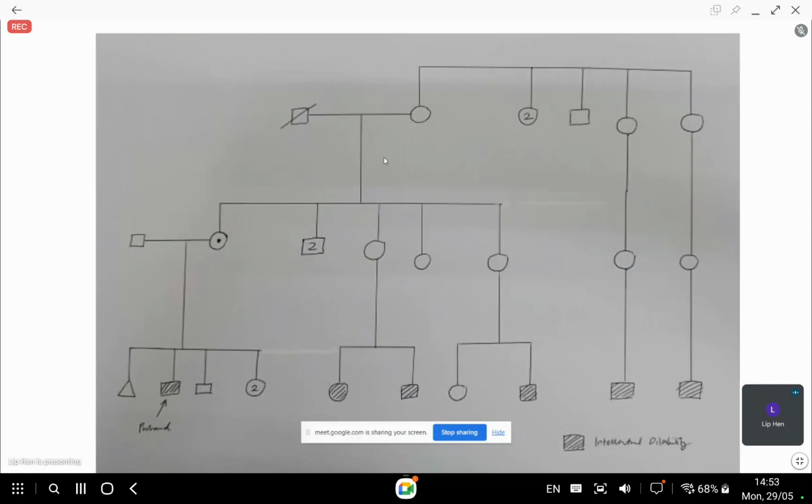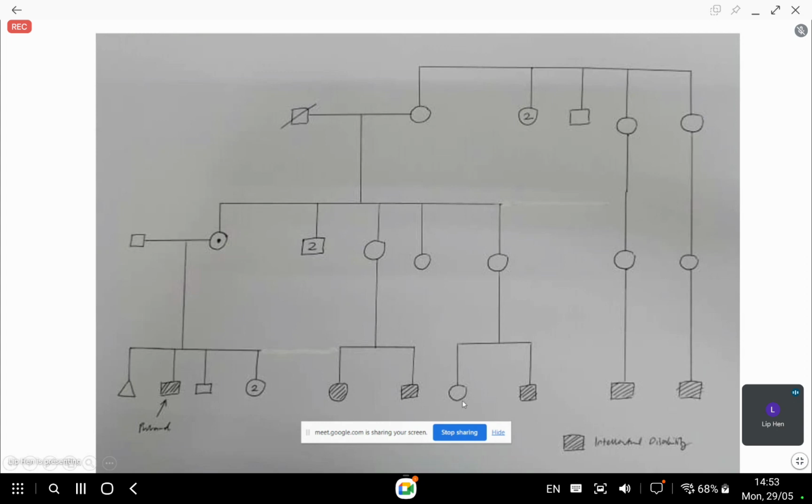So in this case, it's important to refer to a genetic clinic for genetic counseling, not only for this family, it's actually for nearly everyone in this family. For example, it's important to check the mom here, whether they should be carriers, and also here, and also when his siblings grow up, and the cousins grow up.